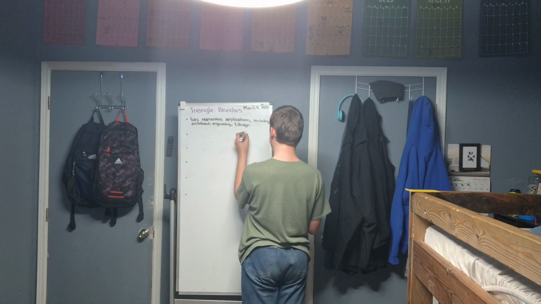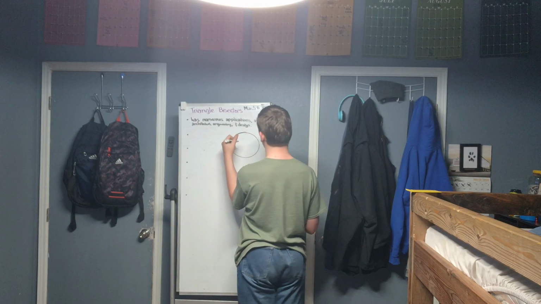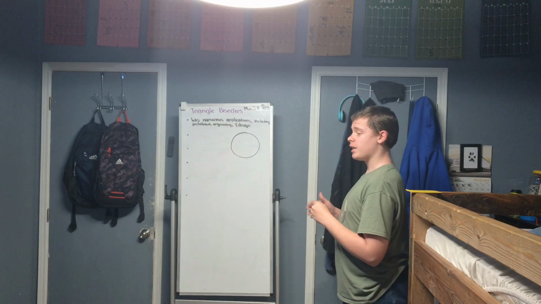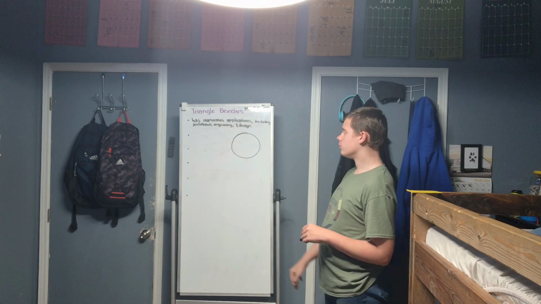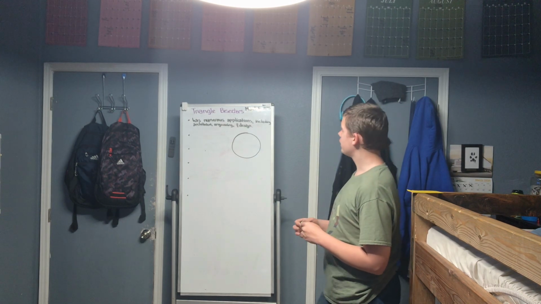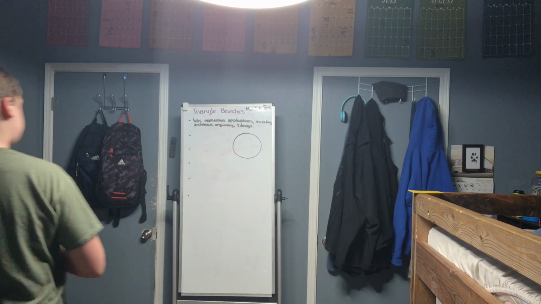Take this for instance. This is kind of like a perfect, a little too perfect circle, and you're trying to cut it in half without measuring. I'm going to use a different marker for this.